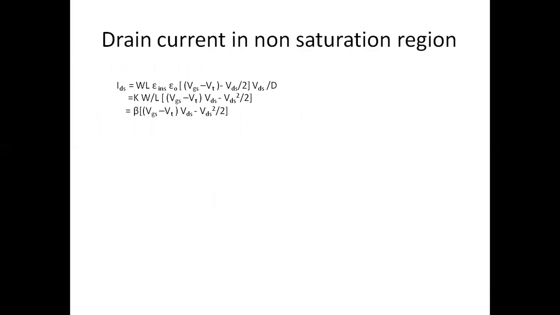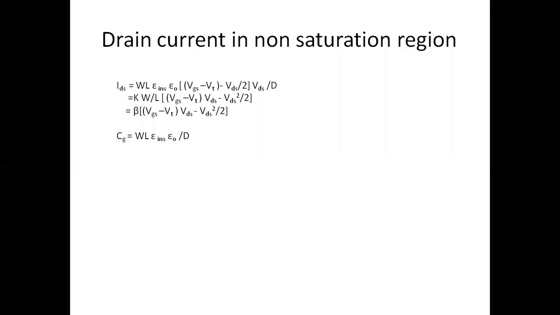So IDS is equal to this expression, wherein if you replace all process dependent parameters by K, which is called process parameter, given by epsilon ins epsilon naught divided by D, we get this expression, and that in terms of beta is equal to this expression. So beta is given by kW by L.